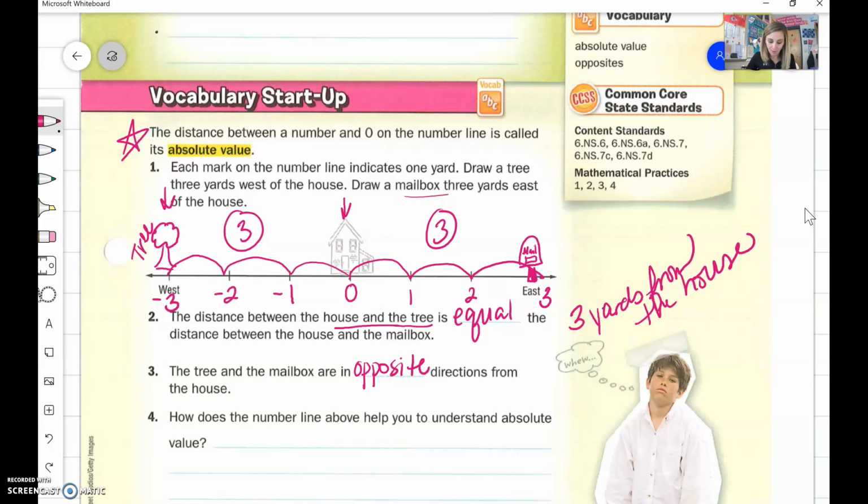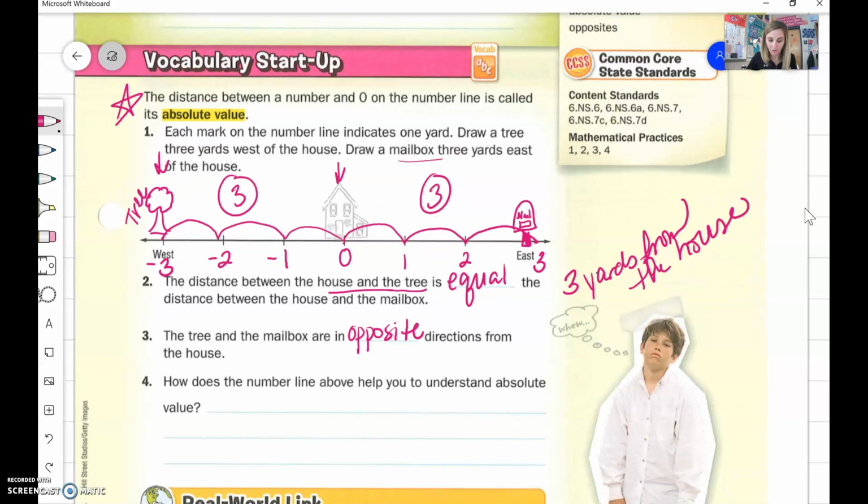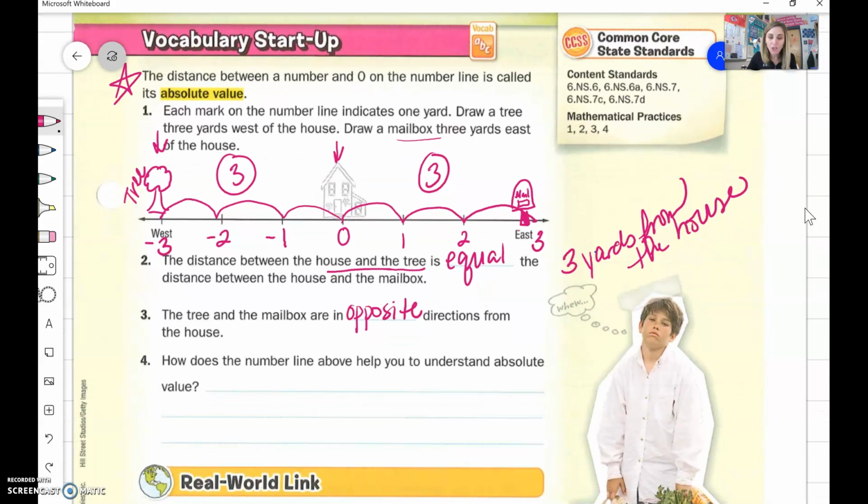How does the number line help you understand absolute value? We learned that even though one goes to the west and the other one goes to the east, they had the same absolute value, because they were both the same distance from the house.